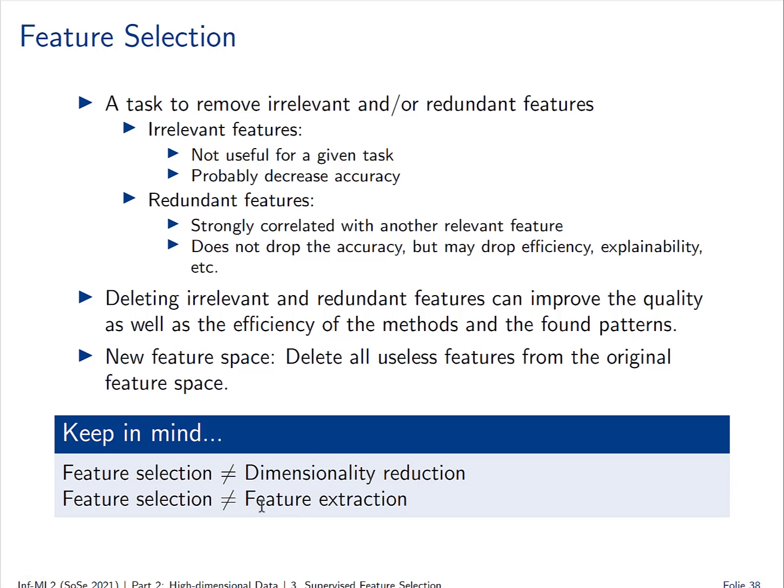Feature selection is also not feature extraction, where we typically extract new features. So dimensionality reduction is about deriving new features from the original ones, and feature extraction is more or less the same, but again not dimensionality reduction. So there is a kind of unintuitive terminology used in the community and by people.